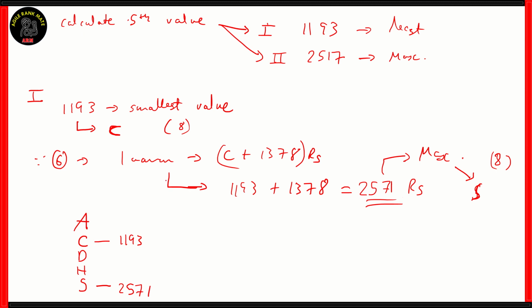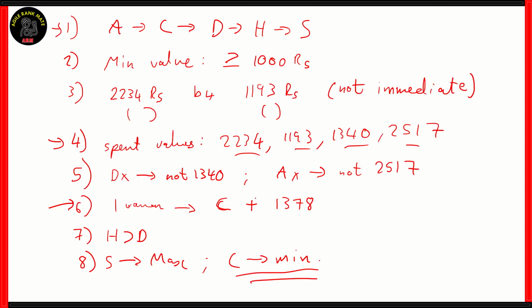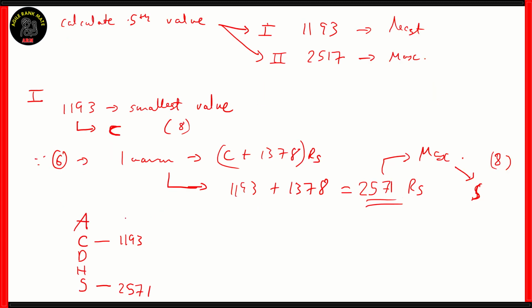Now, according to clue number 3, the woman who spent 2,234 rupees comes before the person who spends 1193 rupees. So using clue 3, we see that Chelama spends 1193. The only scenario where that clue can be made correct is if Archana spends 2,234 rupees.